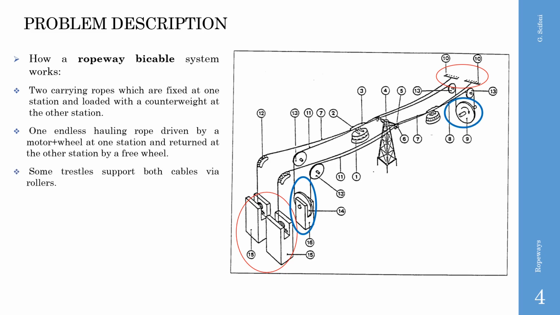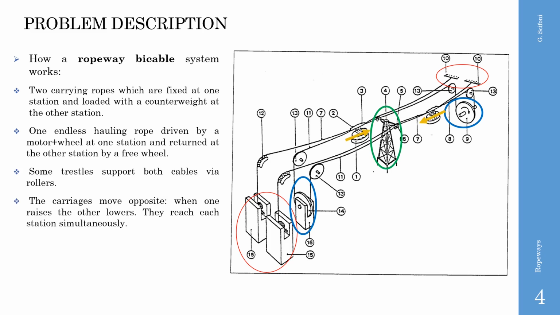The trestles support both the carrying and the hauling rope. The carriages move opposite at each side of the cableway. When one raises, the other lowers. Their motion is simultaneous since they have the hauling rope in common.